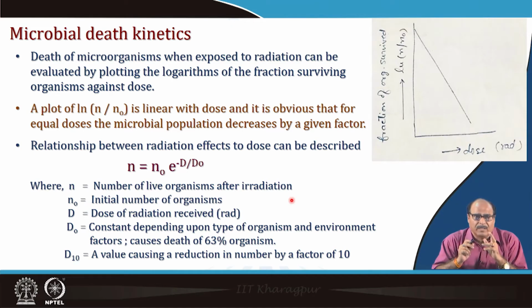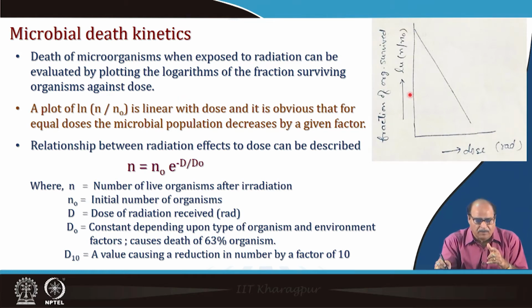That is, when food is exposed to radiation, death of microorganisms may take place, and it can be evaluated by plotting the logarithm of the fraction of surviving organisms against the dose.